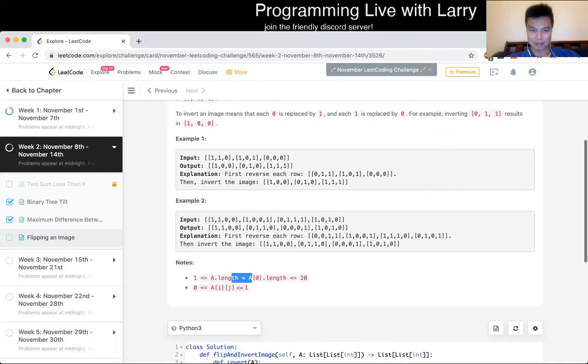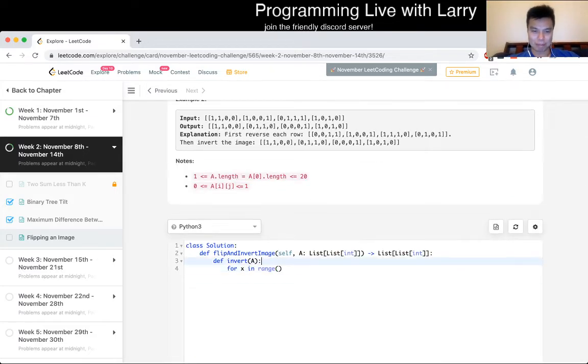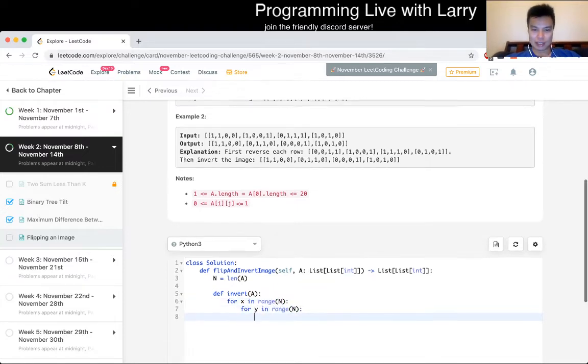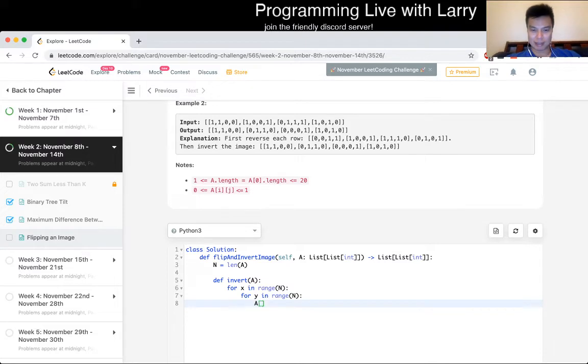I guess so, not always square, but let n be the length of A. For y in range n, what we want to do is set A sub x sub y equal to A sub n minus x minus 1, y. No, that's the other one. You want to change the y direction, something like that.